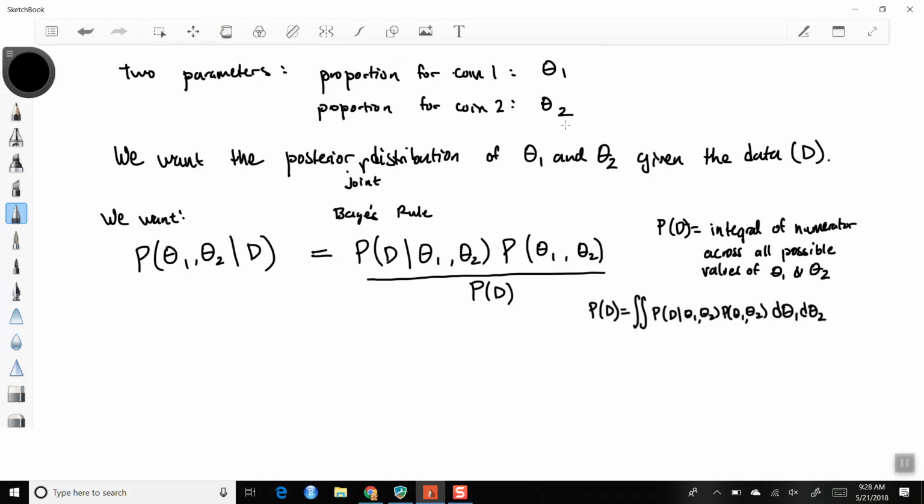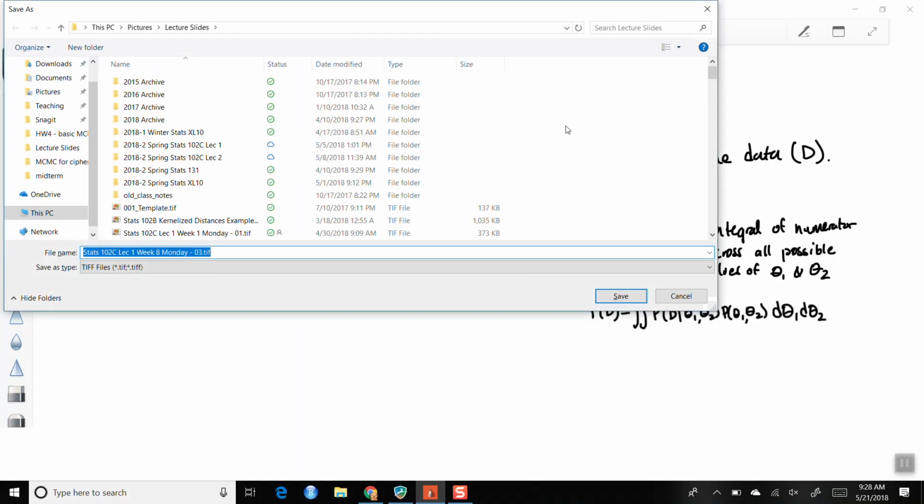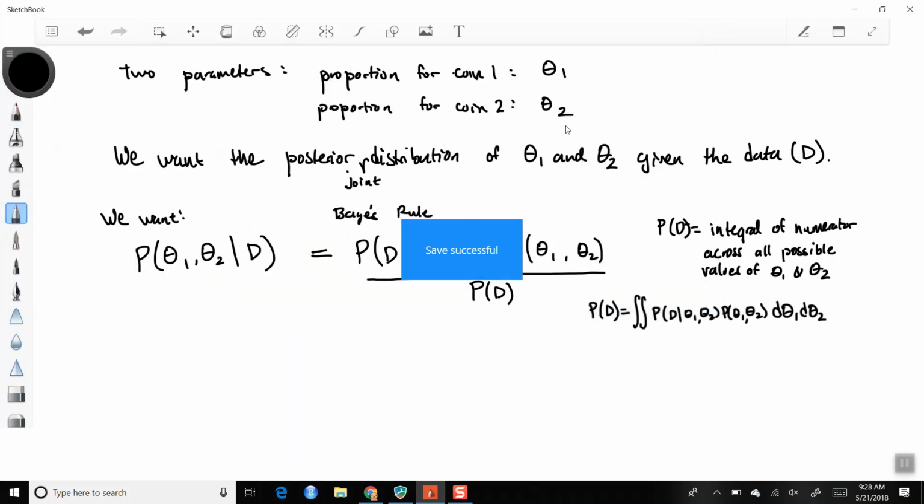And of course, as we've stressed so many times, this denominator is just a constant. So when we do our Metropolis algorithm, we don't have to worry about it. We can keep it in there, it's not a big deal.